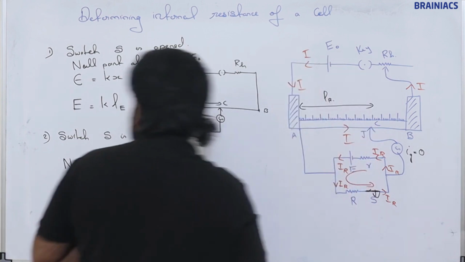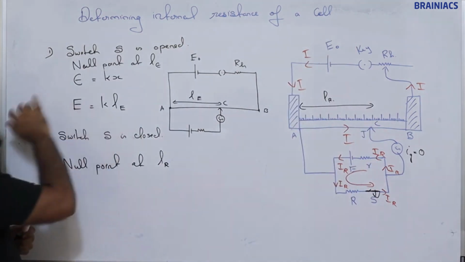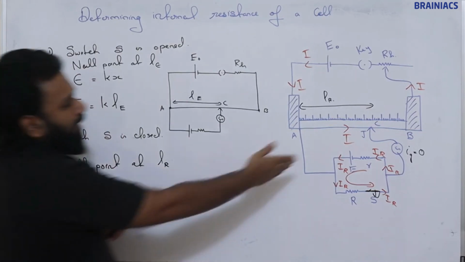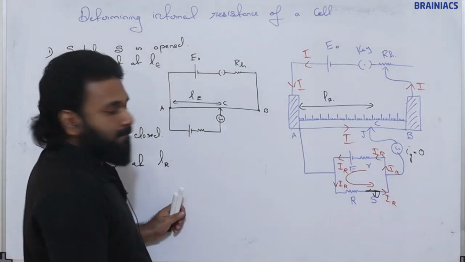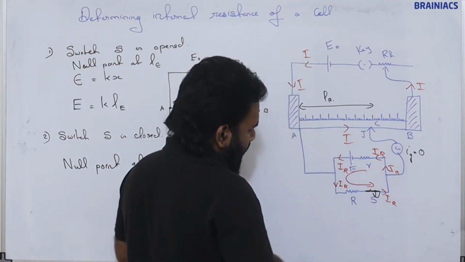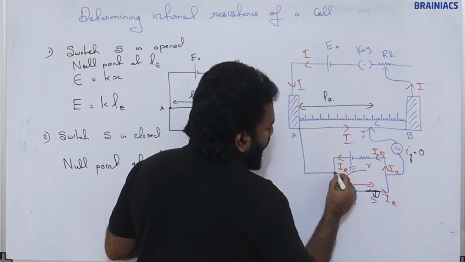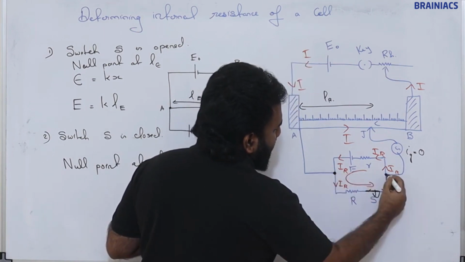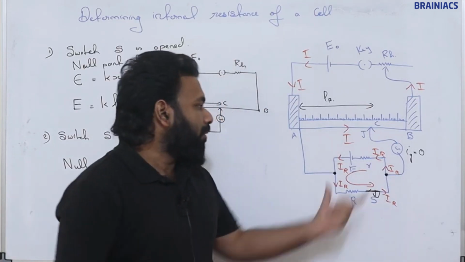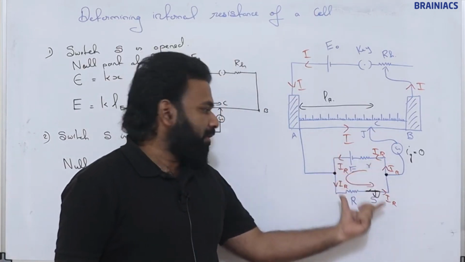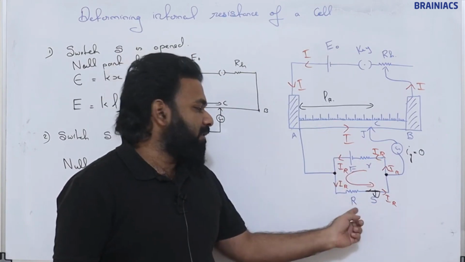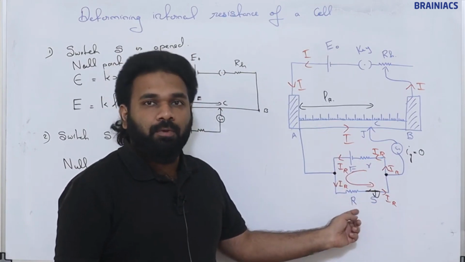Right. So now E is equal to Kx. What can we write here? We can say that the potential difference across these two terminals are same. The potential across this wire, potential across this wire, both are same. That is, the voltage across this resistance R is the terminal potential difference.